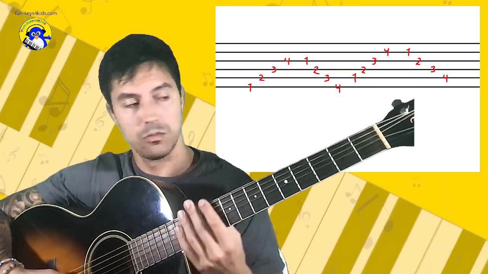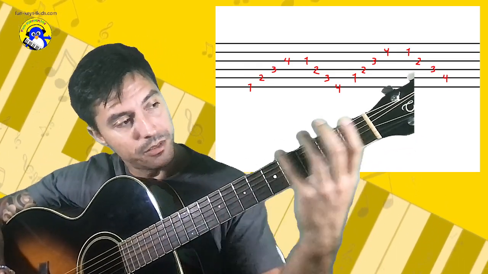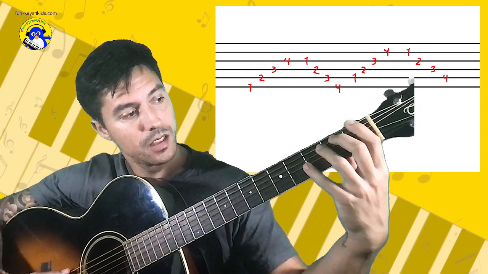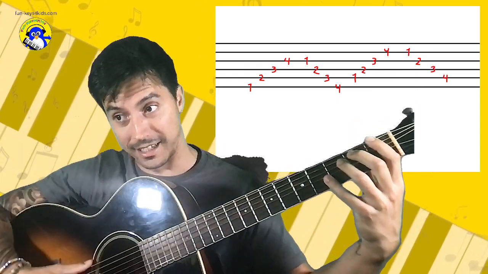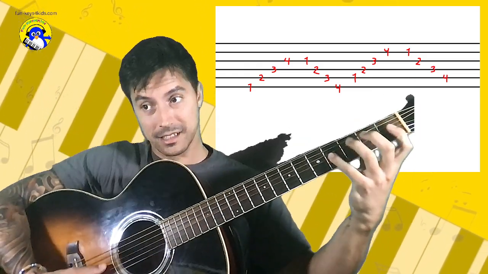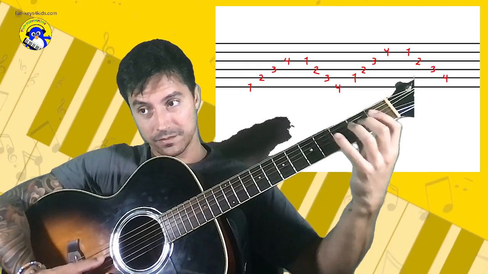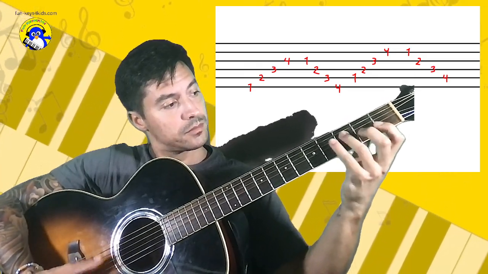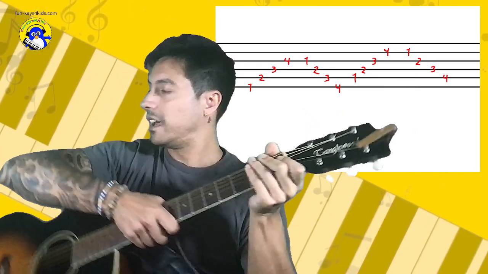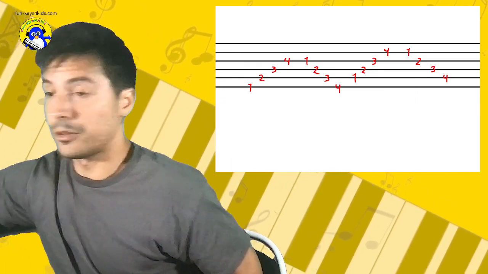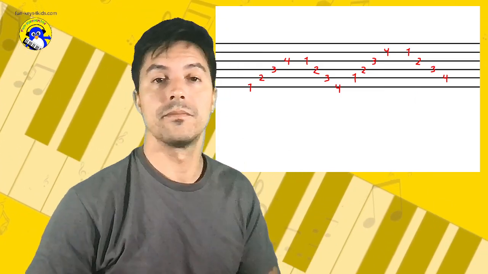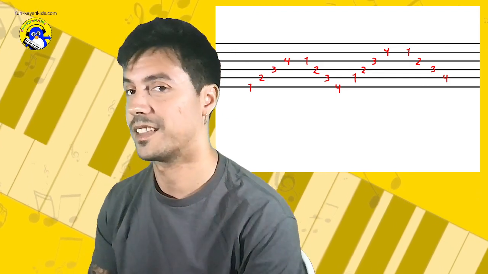Okay, where is your finger at any given time, and which string you're playing. Okay. But I've already taught you this exercise in class. So that was just a recap. So I hope you practice.